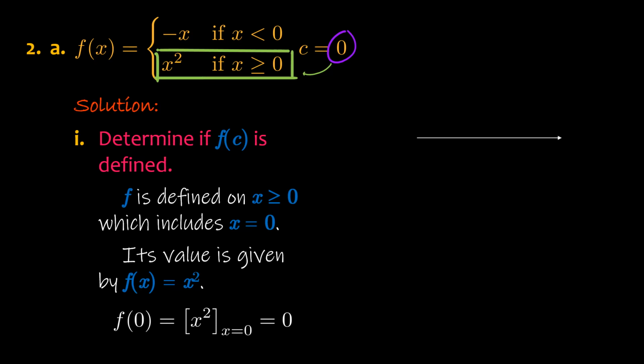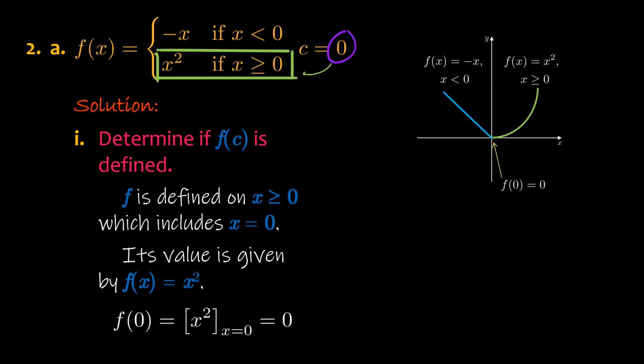The figure illustrates the graph of f of x. The value of f at x equals 0 is defined, and it is equal to 0.